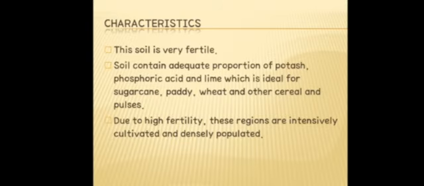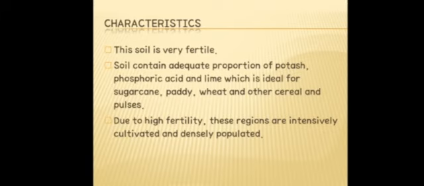Now, the chemical composition of soil. In chemical composition we will write that soil contains adequate proportion of potash, phosphoric acid and lime, which is good for sugarcane, paddy, wheat and other cereals and pulses. These chemicals are important for cereals and pulses.